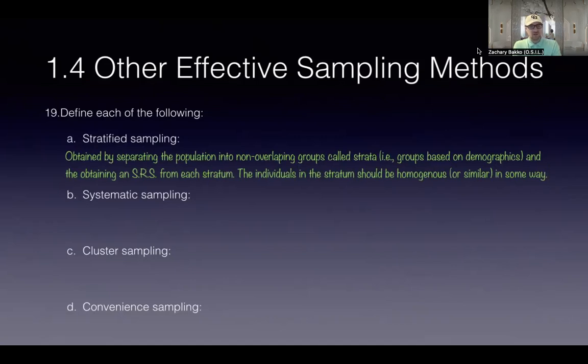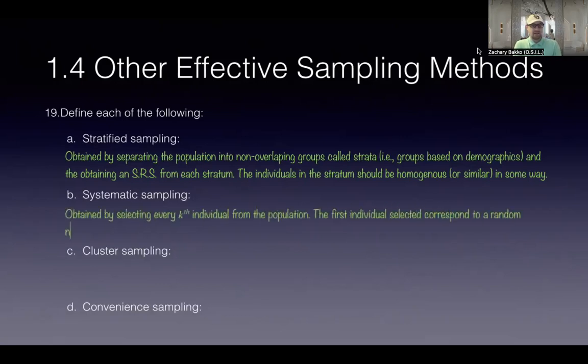The individuals in the strata should be homogeneous, or similar in some way. So you could think of it as, I'm taking all of Front Range Community College and I'm going to separate the whole population by major. Then I'm going to take simple random samples from each of those majors. Okay, that'd be stratified sampling.